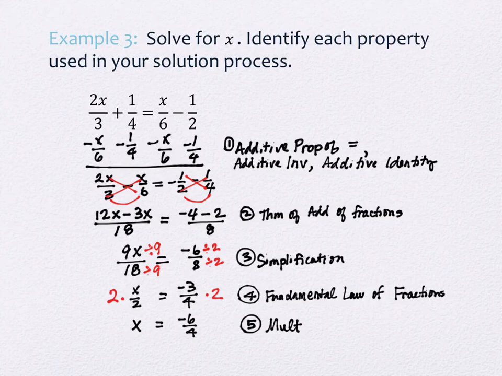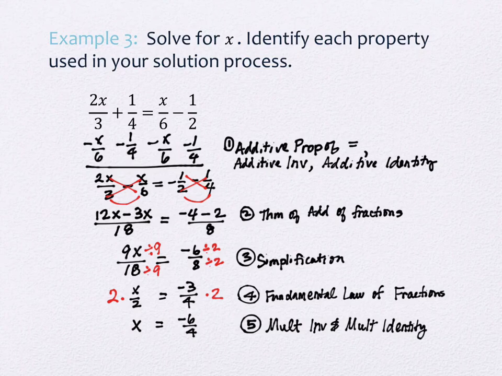Because we divided by 2. That's exactly right. It was divided by 2, so we're going to multiply by 2. When we divide by 2, it's the same as multiplying by 1/2. 1/2 or 2 in the denominator are equivalent. So this is the multiplicative inverse and the multiplicative identity at play. That's why we chose what we chose.